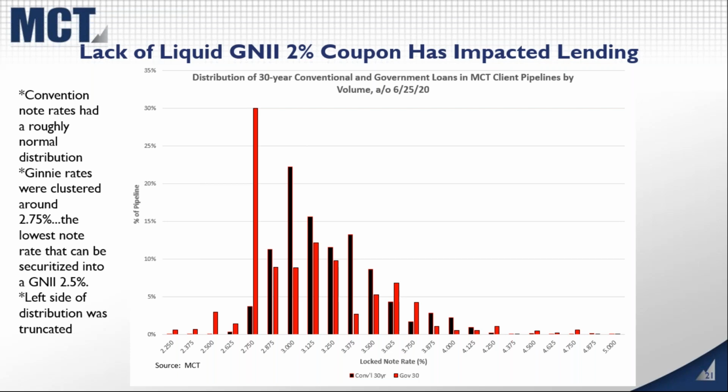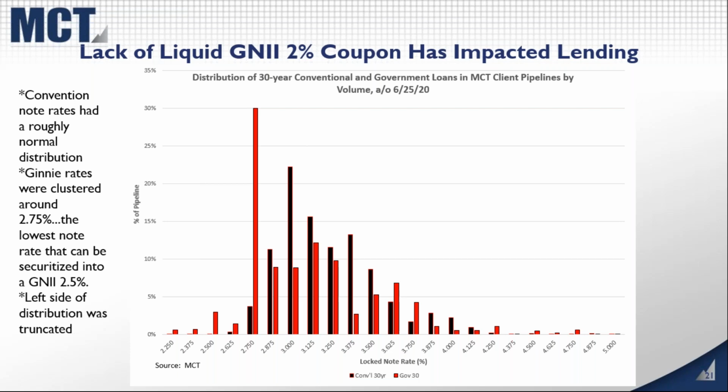Like today, for example, Freddie Mac's survey rate was reported at 2.98, an all-time low, the first time below 3%. And I'd argue a lot of that, even though Treasury rates haven't moved a great deal, reflects the fact that lenders can put the lower rate loans into a 2% securitized coupon, so it improves the distribution and the ability to quote lower rates.